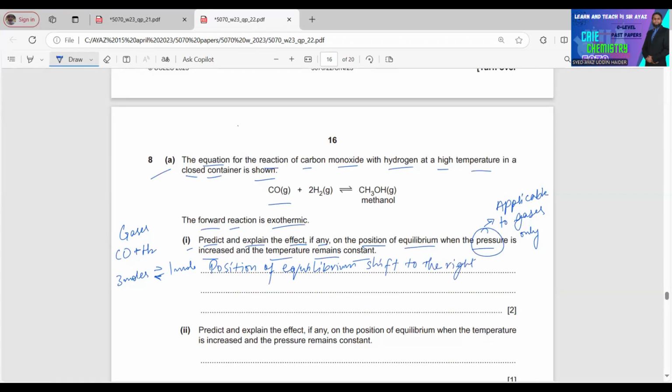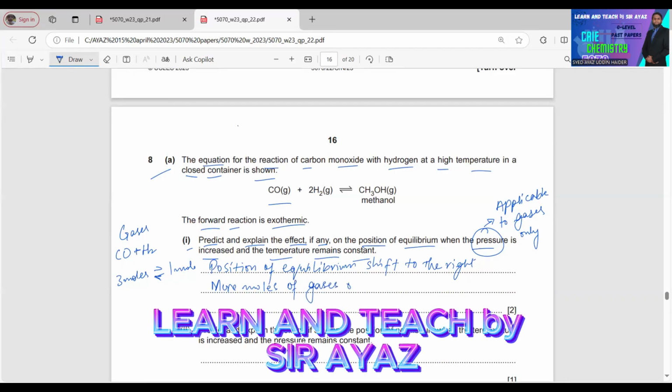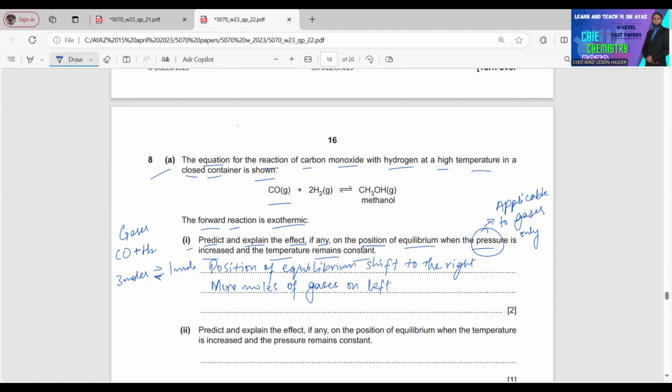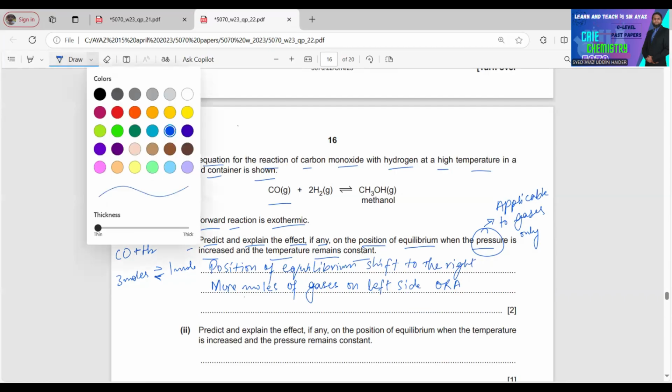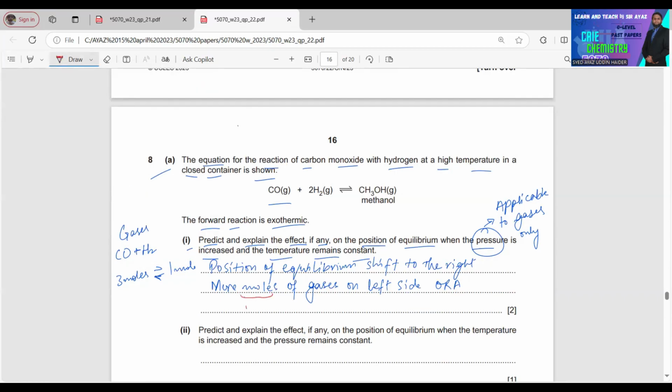Reason: more moles of gases on the left hand side, or the reverse argument, that is less moles of gases on the product side. You can even write volume of gases instead of moles.